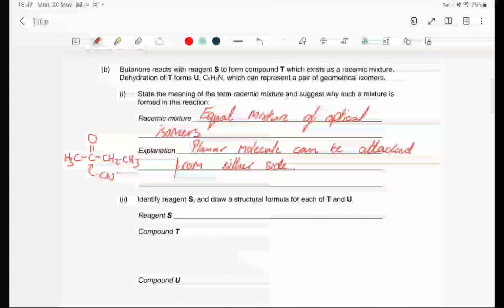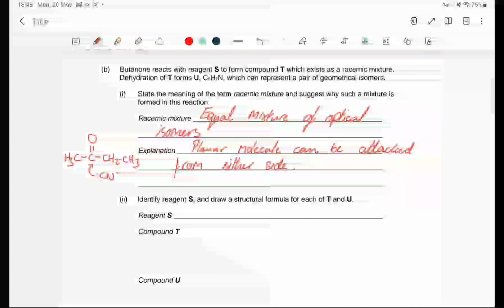Now, in terms of a reagent, you need something that's going to provide CN-. The mark scheme says that you can use HCN. It is fine, it does work, but actually KCN followed by an acid is a much more reactive mixture. So that's what I would be suggesting.